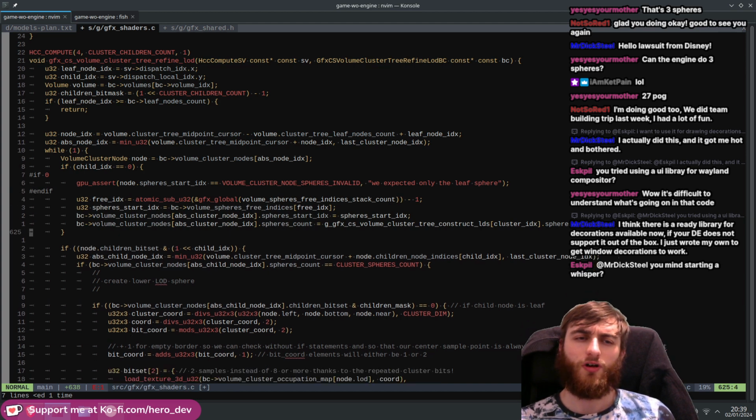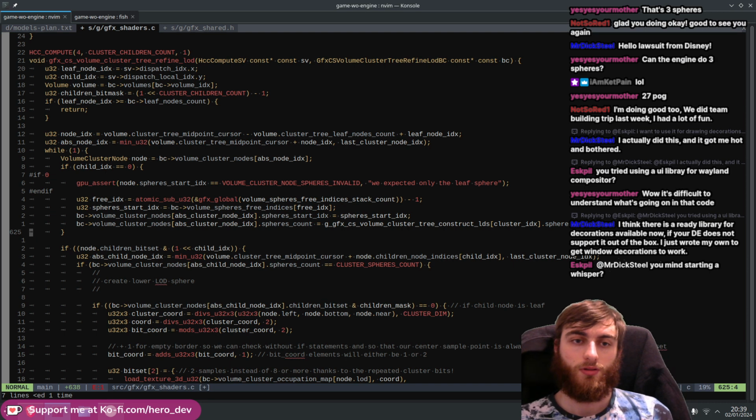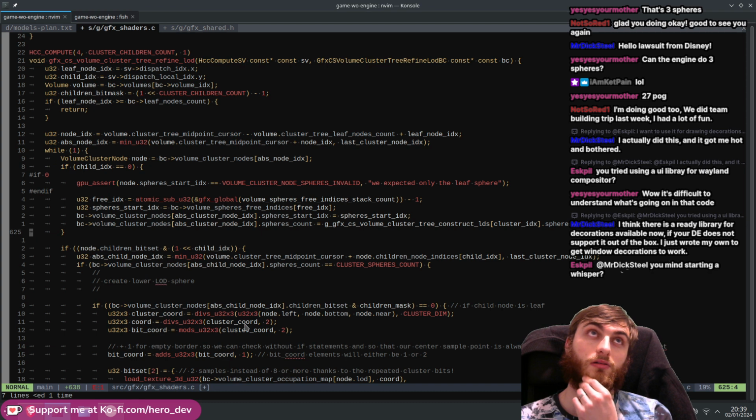So it's got to stop. You might as well stop traversing up the tree when you can't really create a lower level of. Oh no, you have to go all the way up. You have to go all the way up.